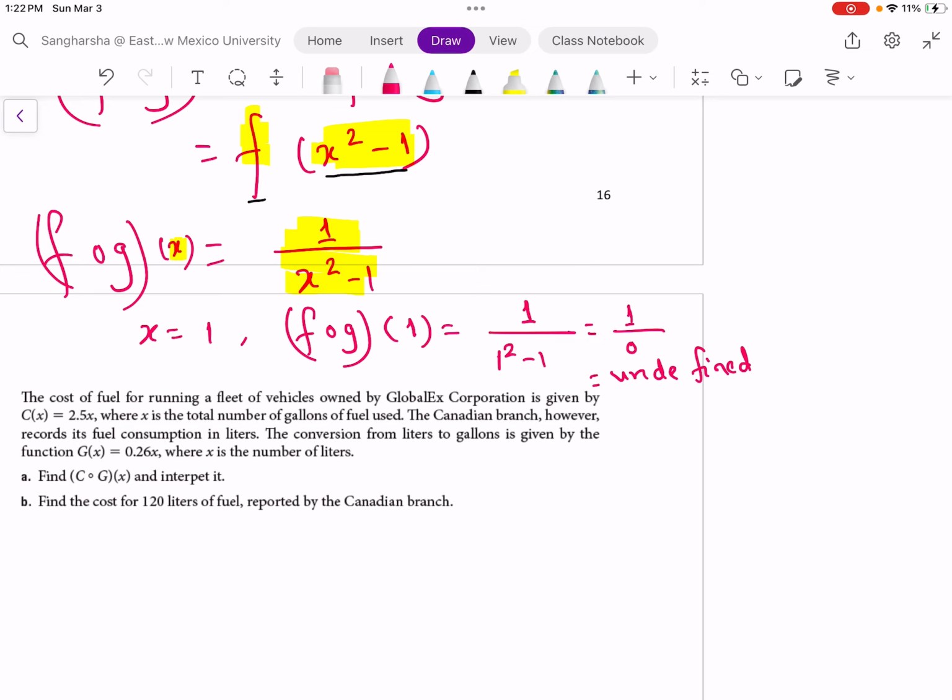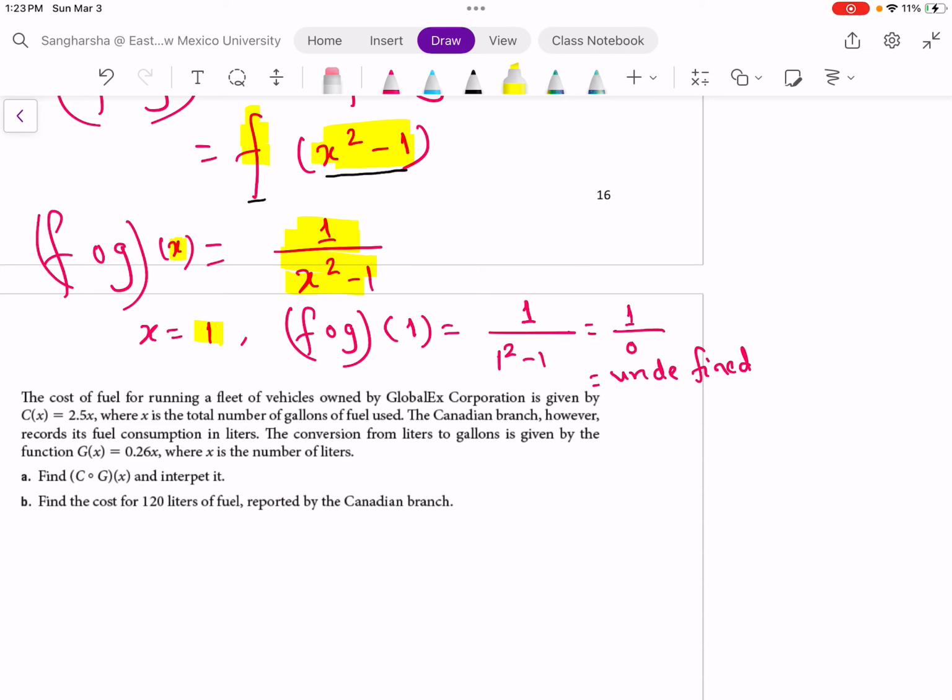So this is not a real number. So we can say 1 is not in the domain of f composite g. But here we want to know all possible inputs, all possible numbers for x, such that we get a real output. This is a rational function, and for a rational function, every number that makes the denominator equal to 0 is not in the domain, but other numbers are.